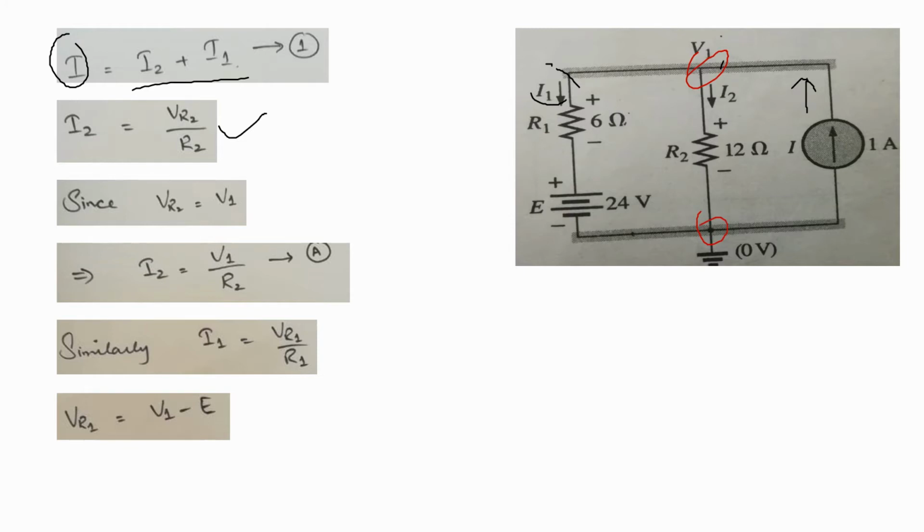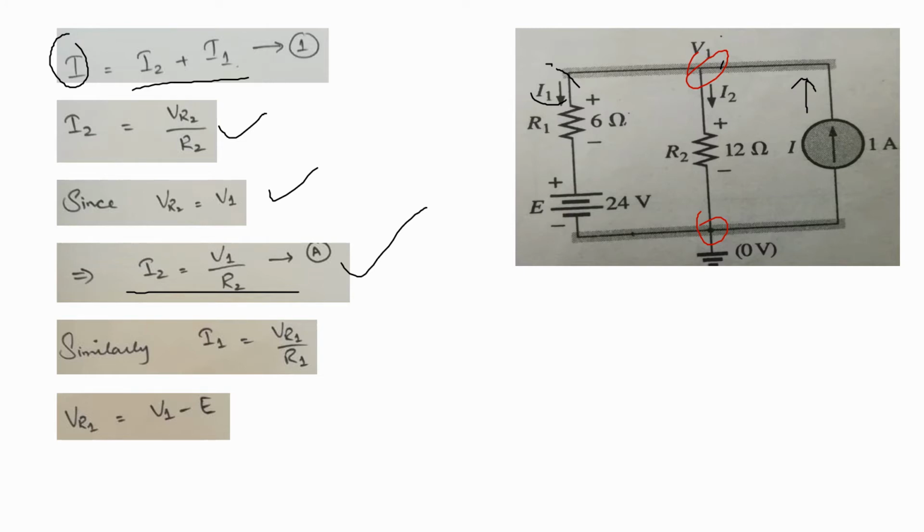Basically the voltage is V1, so VR2 is equal to V1. So I2 is equal to V1 divided by R2. We name that equation A.